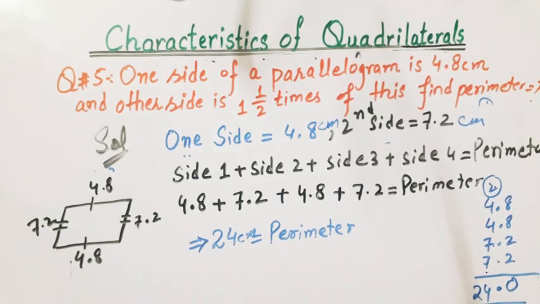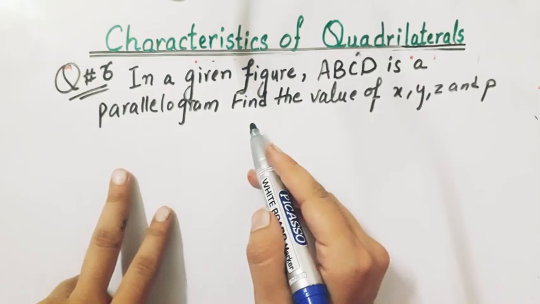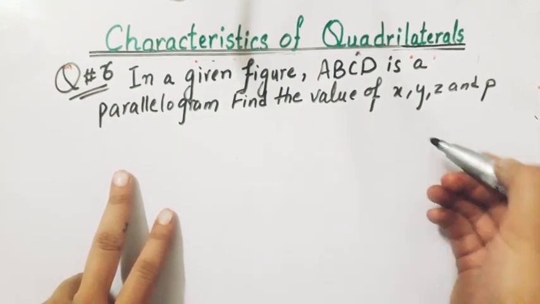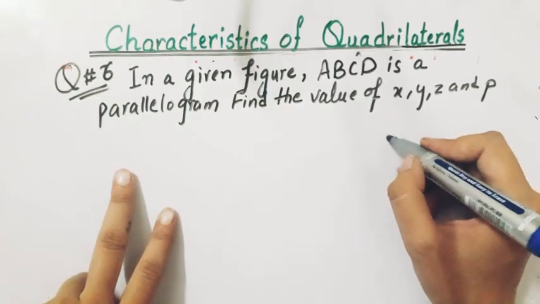Now we will solve question number 6. In the given figure, ABCD is a parallelogram. Find the values of X, Y, Z and P. First of all, I will draw the diagram of a parallelogram.